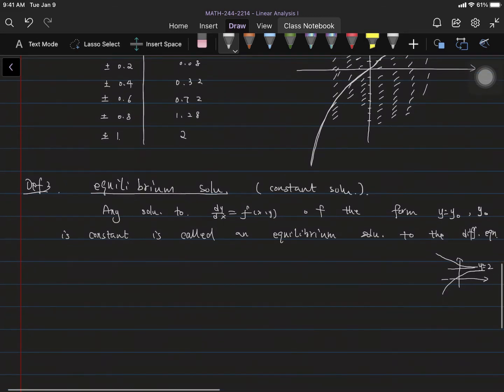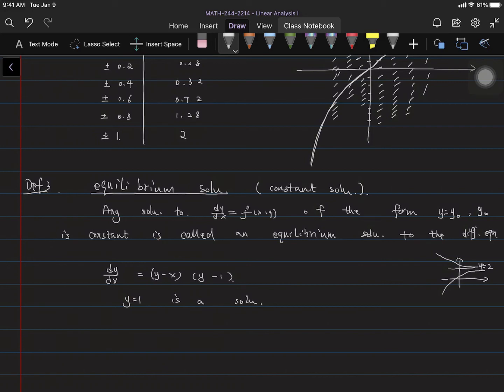So for example, if we have a differential equation like this, with a minus 1, you can see y equals 1 is a solution. Because when y equals 1, the left side, the derivative of y, is 0, and the right side is also 0, so it's 0 equals 0.